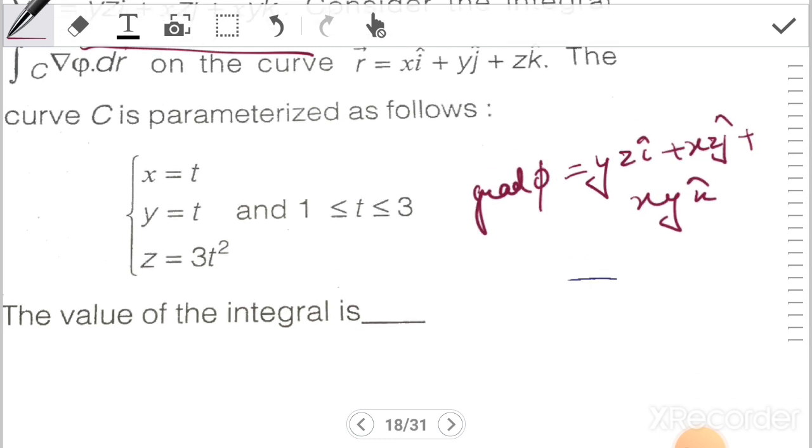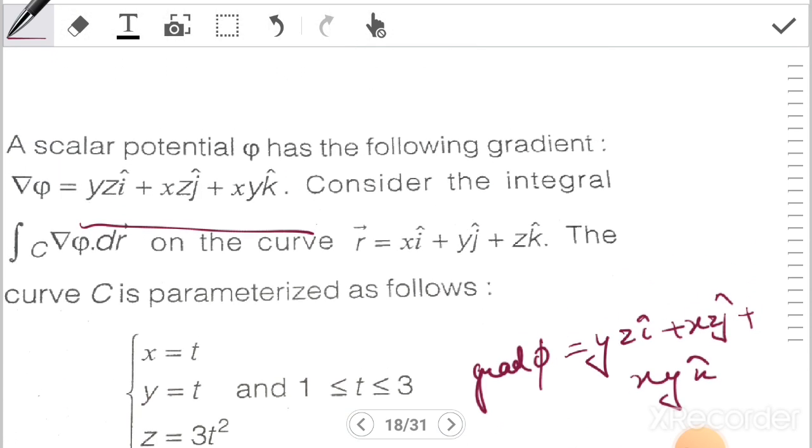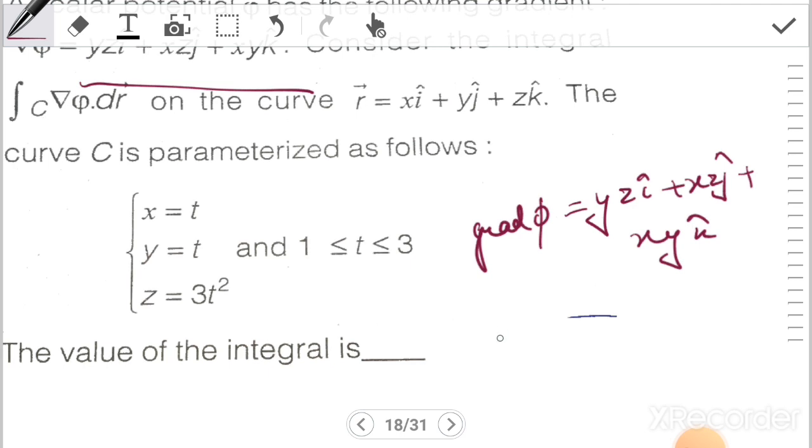Now phi will be equal to, see, you can integrate this with respect to x, which will be xyz, or with respect to y, which will be again xyz, and xy with respect to z, so xyz. So phi is xyz.